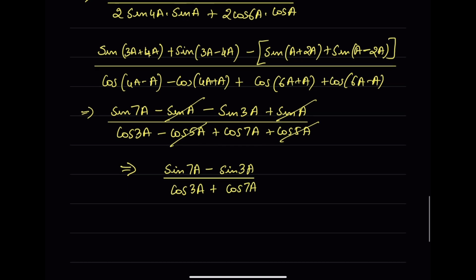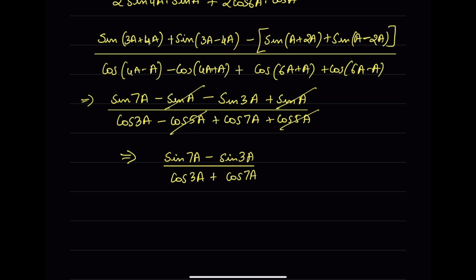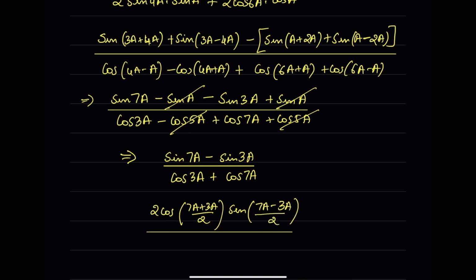Now we are going to apply the formula of sin c minus sin d in the numerator and cos c plus cos d in the denominator. So the numerator will be 2 cos c plus d by 2, which is 7a plus 3a by 2, and sine of c minus d by 2, which is 7a minus 3a by 2. And this one divided by 2 cos c plus d by 2, which is 3a plus 7a by 2 and cos of 3a minus 7a by 2.